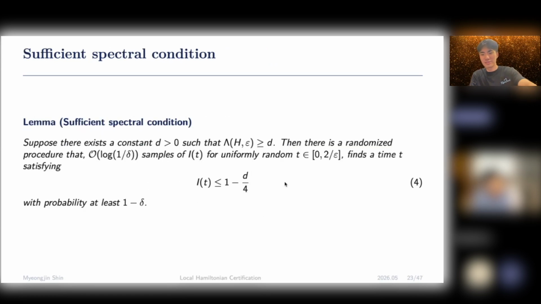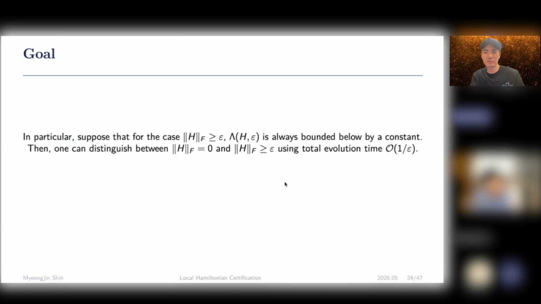We're just going to represent delta H as H. It's not that important whether we write delta H or H, so just for simplicity, we're going to express it as H. So our goal is to prove this. When the Frobenius norm of H is bigger than or equal to epsilon, we need to prove that this quantity is bounded by some constant.